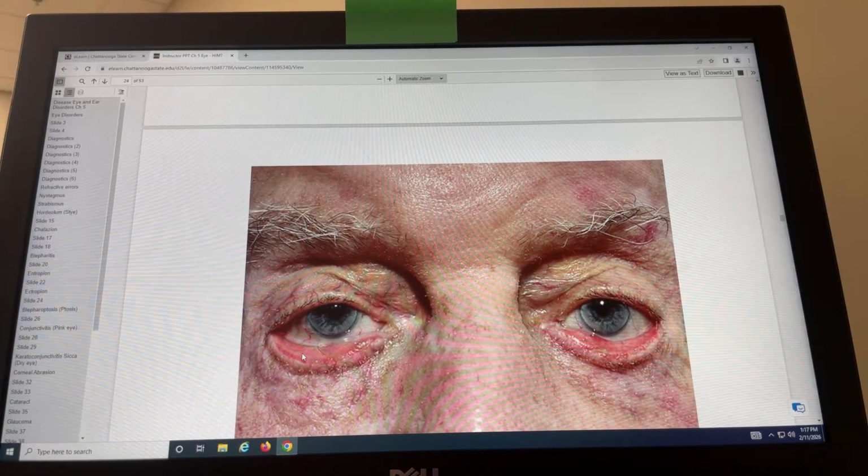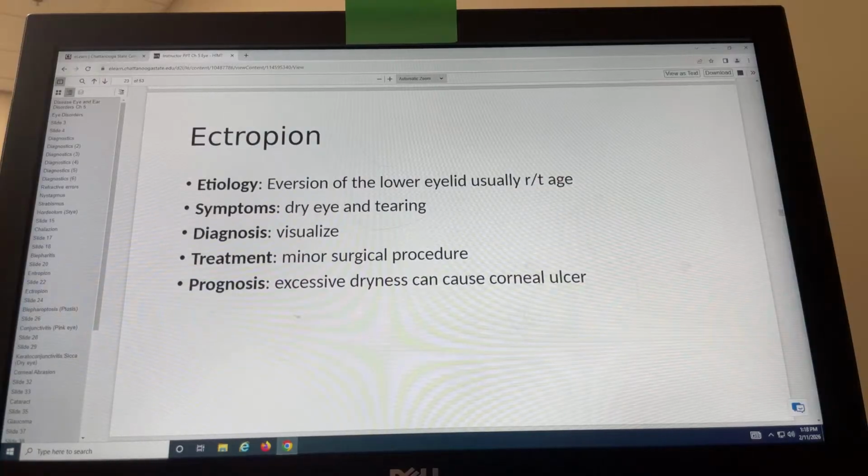It's kind of like how you can pull your eyelid down like this to put your eye drops in it, but they're just always very loose instead of being held up. So the problem with this one is that they tend to have really bad eye dryness because all of this eye is exposed, right? And the eyelid is supposed to help keep the eye moist and have lubricated tears and whatnot. So lots of dry eye, excessive tear production.